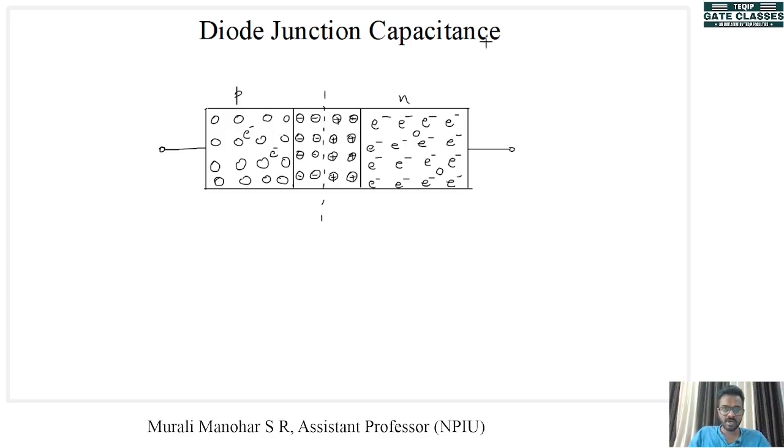So what I have drawn here is a large depletion region. That means this diode is reverse biased, right? In the reverse biased diode junction, there is a capacitance called transition capacitance.